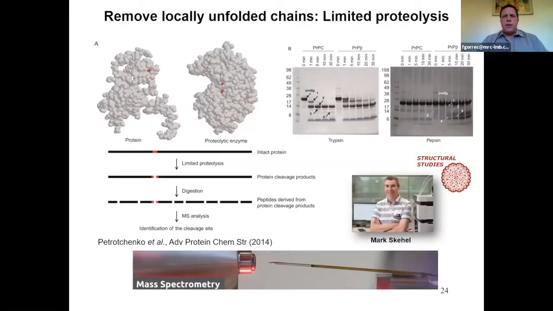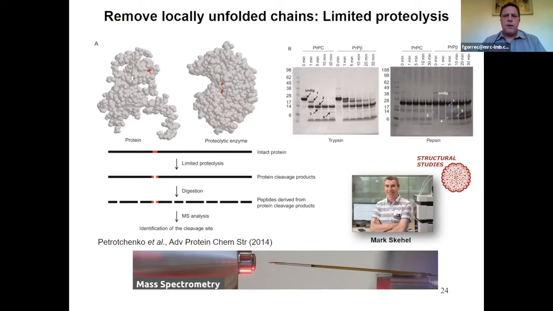A common technique used to help with that is limited proteolysis. What you do basically is a short and controlled proteolysis of your sample, in the hope of removing the disordered chains outside at the surface of the protein.